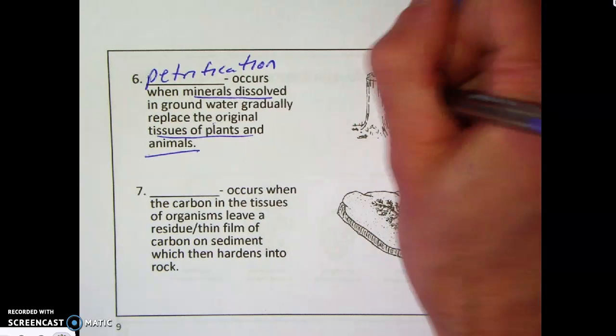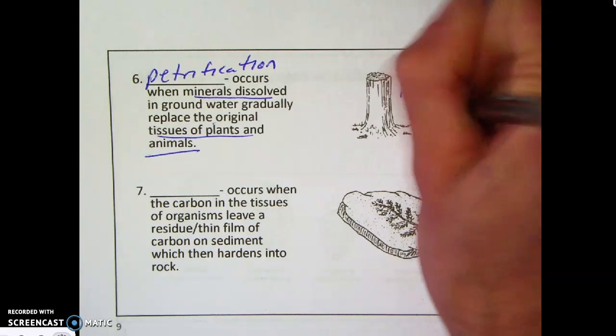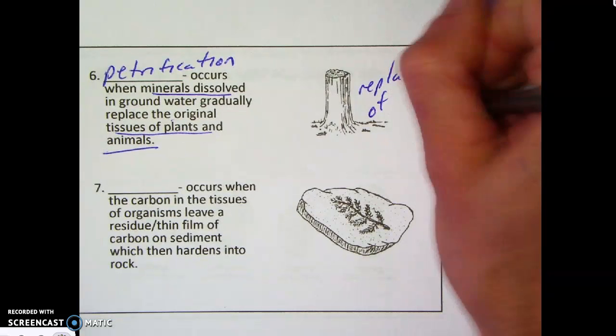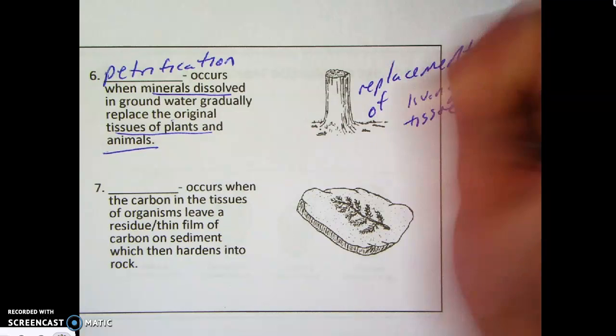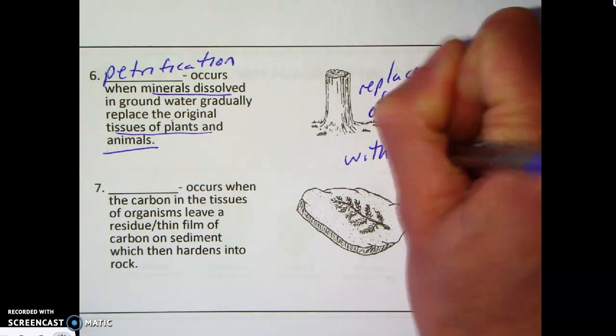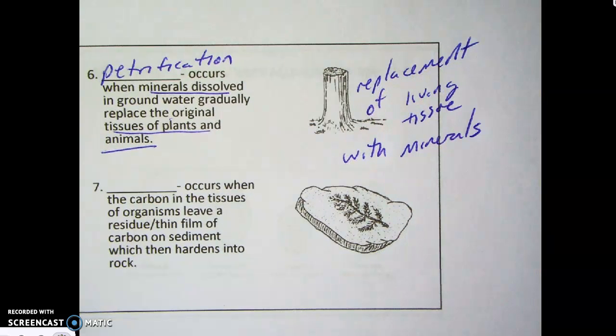It's a replacement of living tissue with mineral material. I'll just say minerals, because there are many different minerals that can do this. Calcite and quartz are very common for this, but even pyrite can do it too.